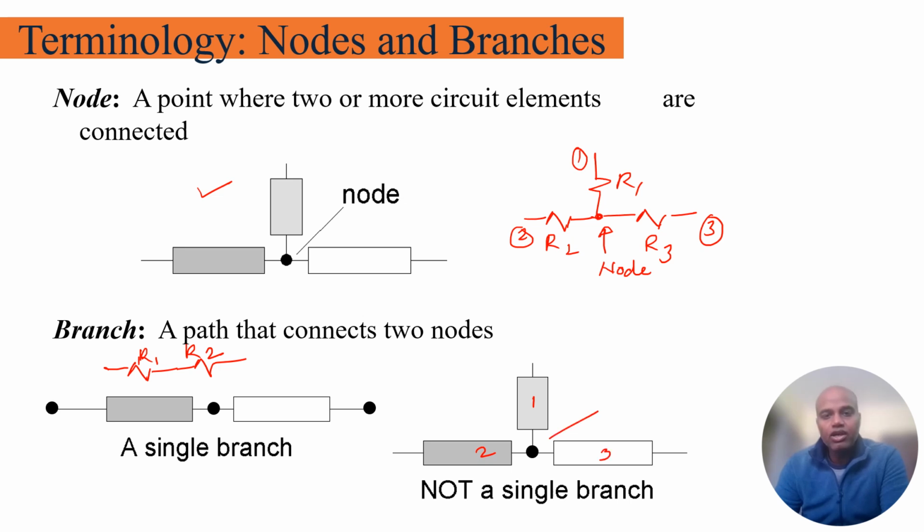However, where they are connected together, again this will be called a node. So we always apply KCL at a given node, whereas we always apply KVL in a given loop. Now let's understand how and where we need to apply KCL, and how and where we need to apply KVL.